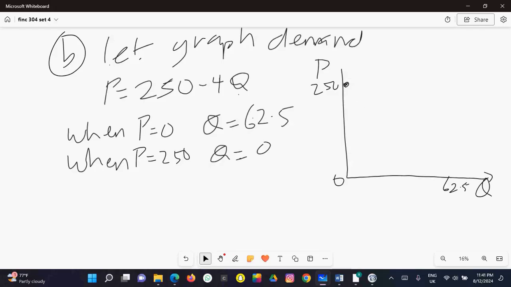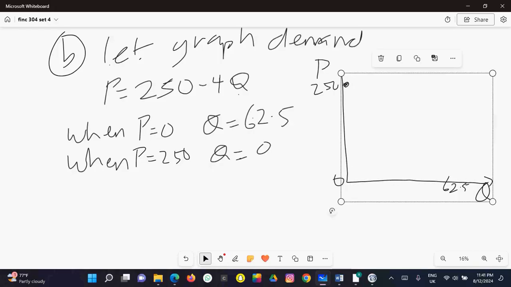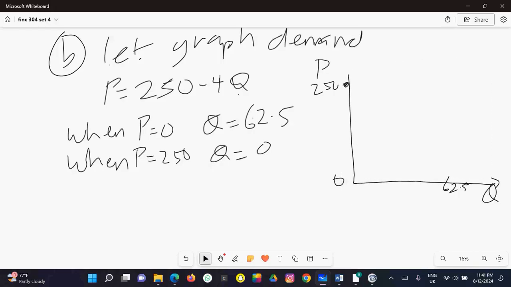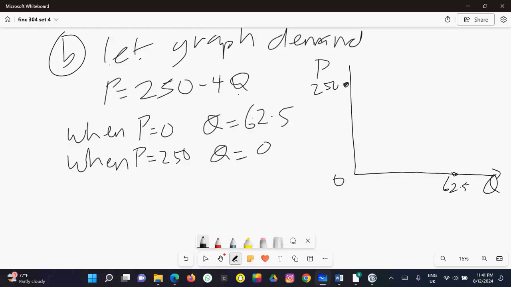So we get a point here, and we match them. It becomes our demand curve, D.